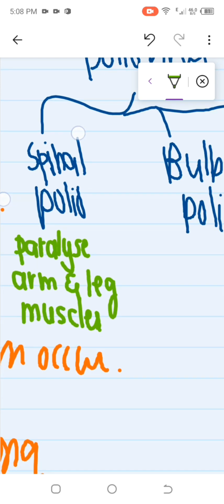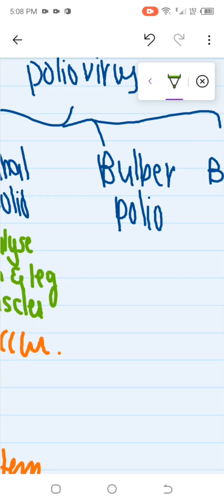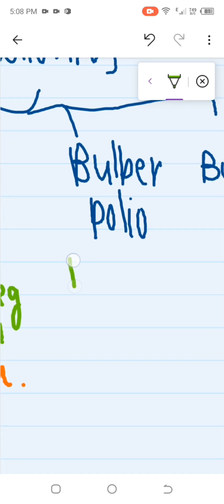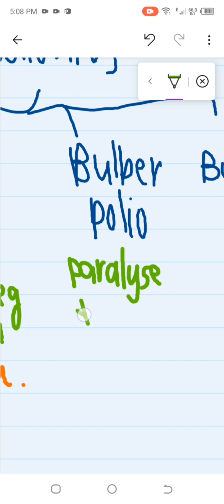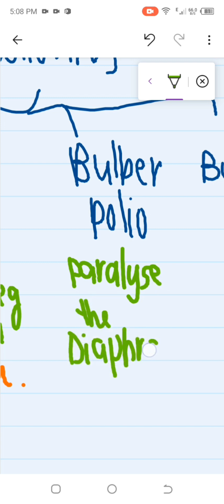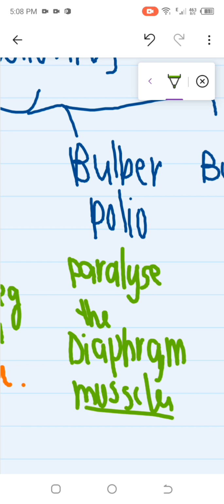And if I talk about bulbar polio, it basically paralyzes the diaphragm muscles, and when the diaphragm muscles are paralyzed, a person is unable to even breathe.